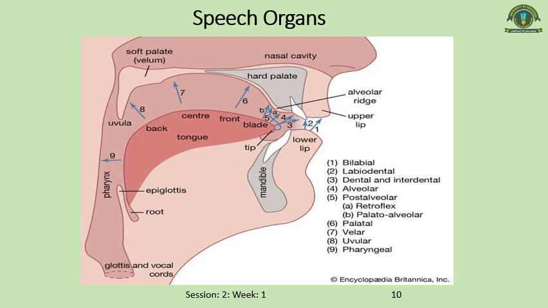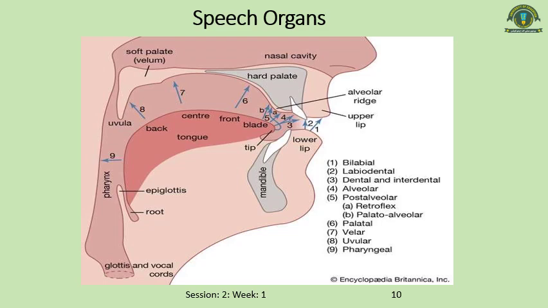You can see the tip of the tongue. The blade of the tongue is the entire part from tip to back. And then you can see the front, the center and the back of the tongue. So 4 parts are very important. May I say that the tip of the tongue, the front of the tongue, the center of the tongue, and the back of the tongue. Are you getting my point? That's pretty good.